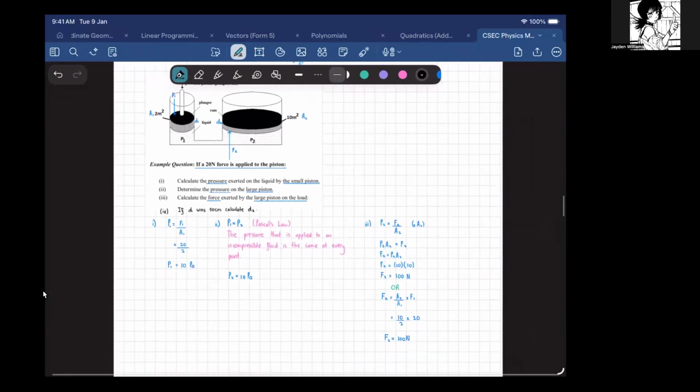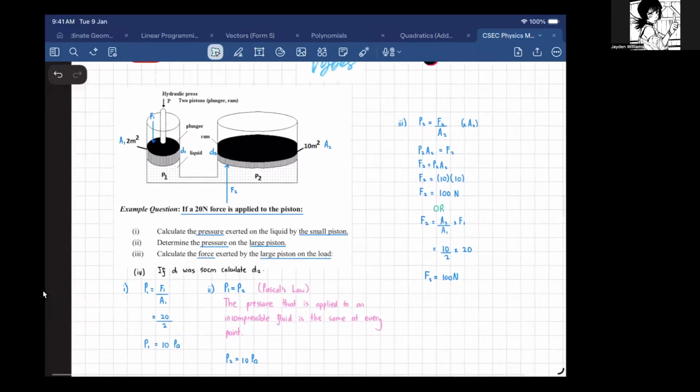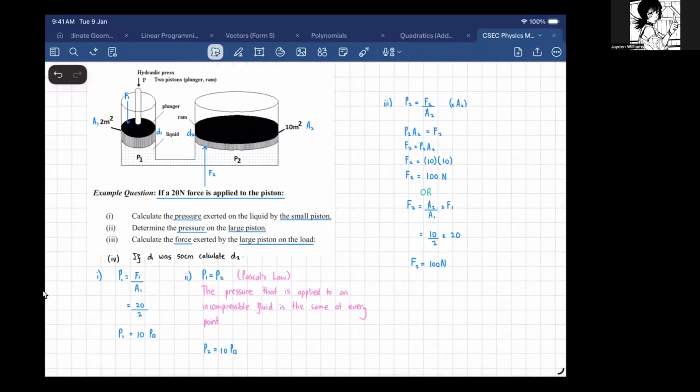Okay, I want you all to be able to see all the information. Let me just share this up. I believe you could see everything on the screen there. If D1 was 50.